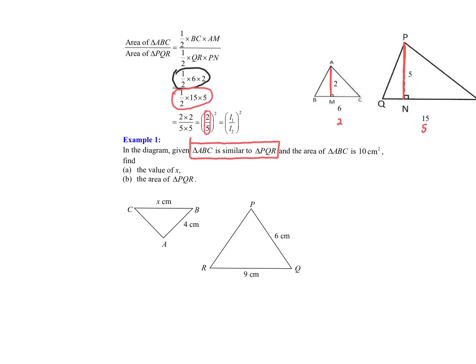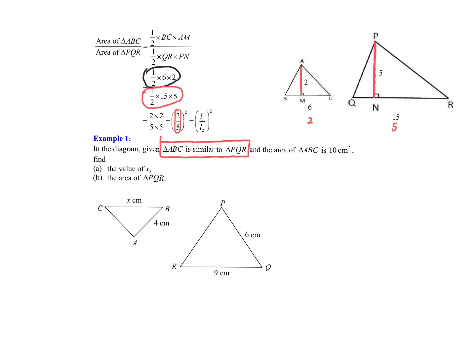When this happens, you just redraw the smaller one. Redraw the ABC smaller one. So PQR is similar to ABC. Just redraw the smaller one and then put the length beside, so that it's easier to compare. They say PQR, so I also write ABC.